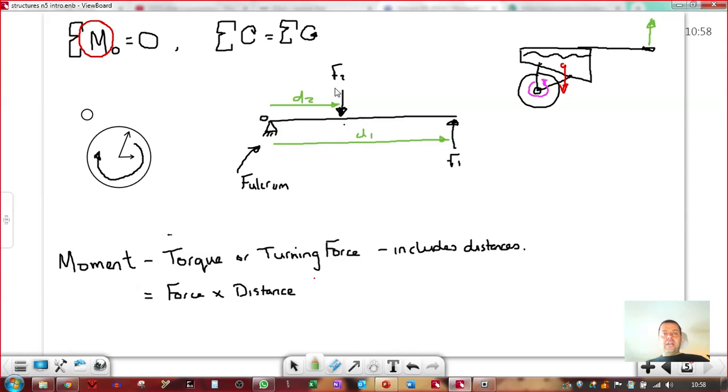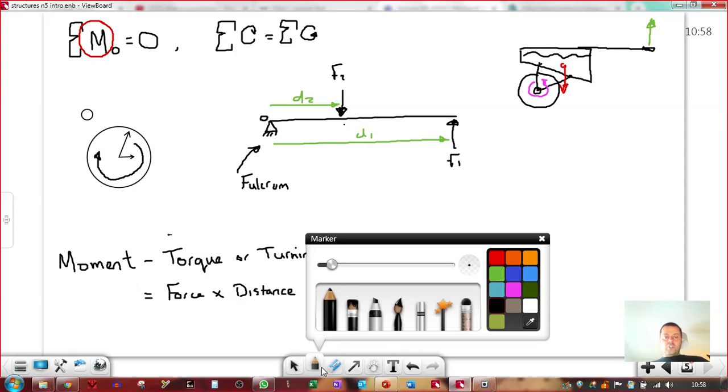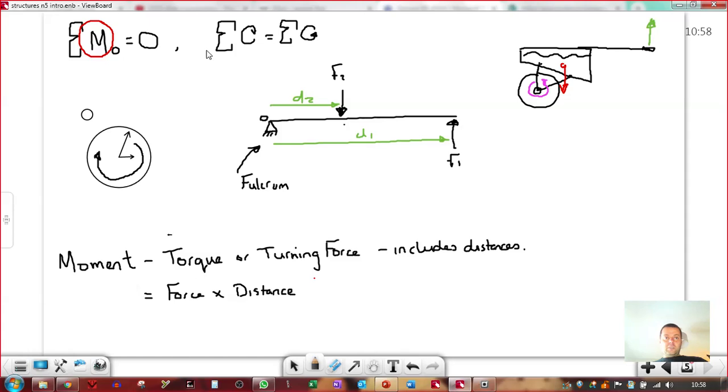One of the moments is a clockwise moment and one of the moments is an anti-clockwise moment. Straight away I can see I've got the ability to balance this system. So what both of these are telling us is that this statement must be true.